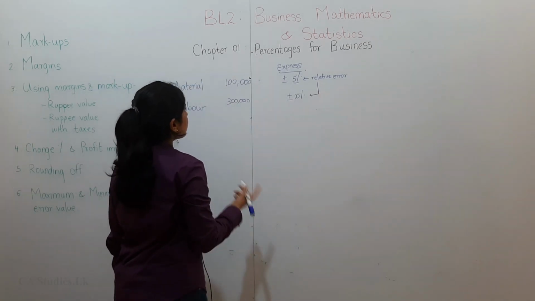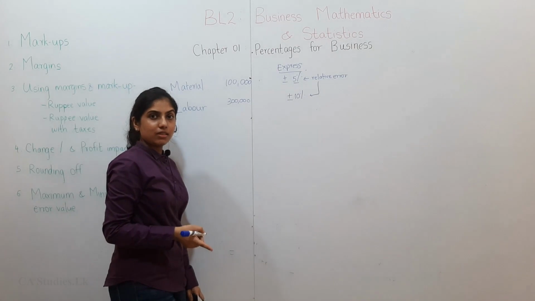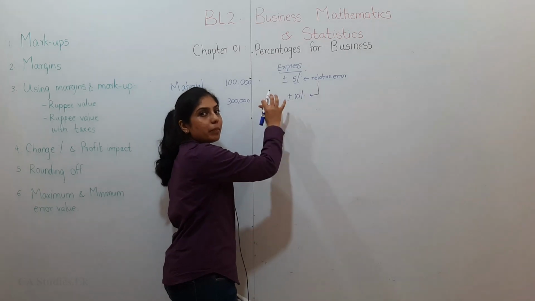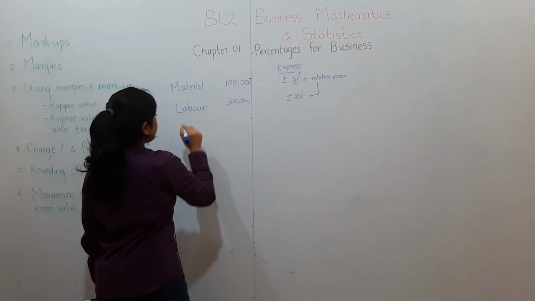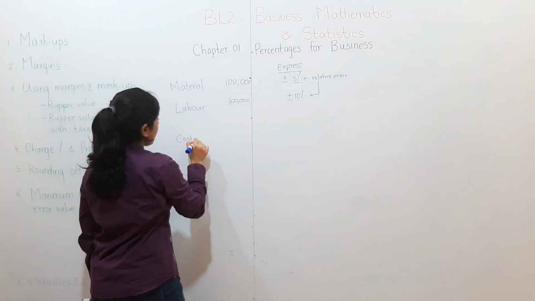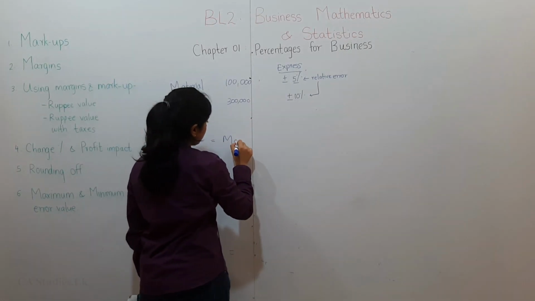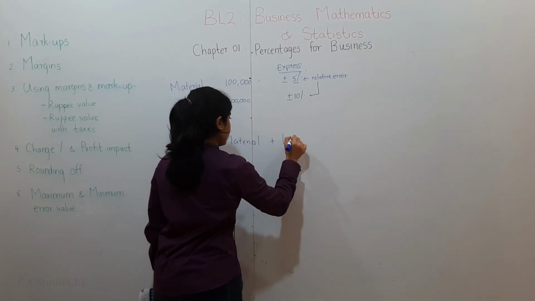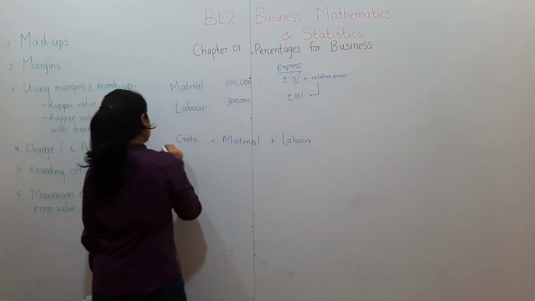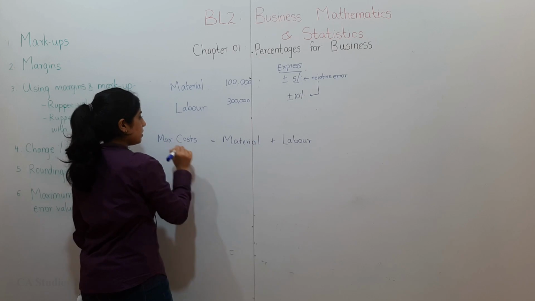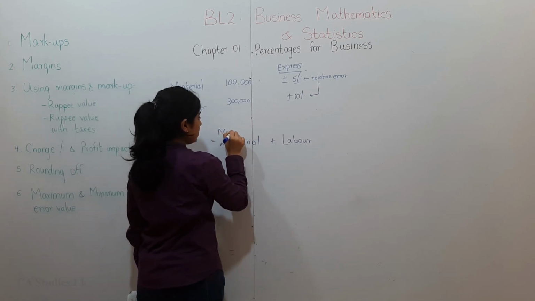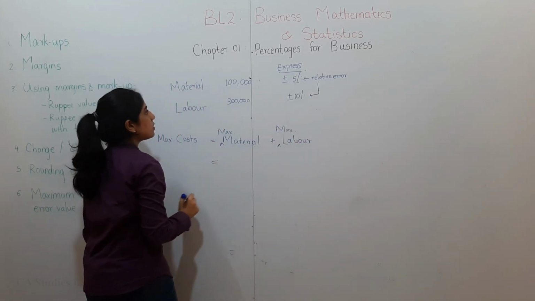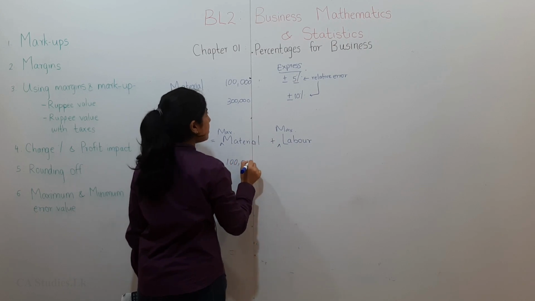Okay. Now maximum means what? Which one you should use? Plus or minus? You must use the plus. Okay. So material cost plus labor, and the maximum of that is maximum cost equals maximum material cost plus maximum labor cost. What's the maximum material cost? 100,000 into 105%.